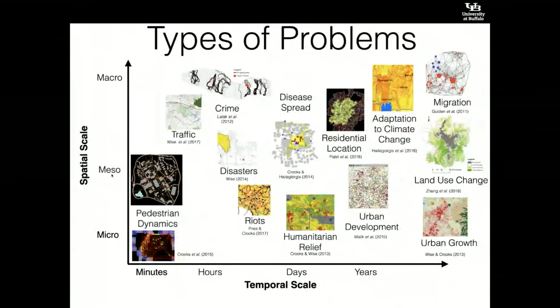But in CSS and systems, we're interested in a whole range of challenges. We're interested in the micro movement of pedestrians over seconds, to large scale migration over decades, and nearly anything in between. So through the lens of computational social science, we've been exploring a whole variety of different applications, different spatial and temporal scales.